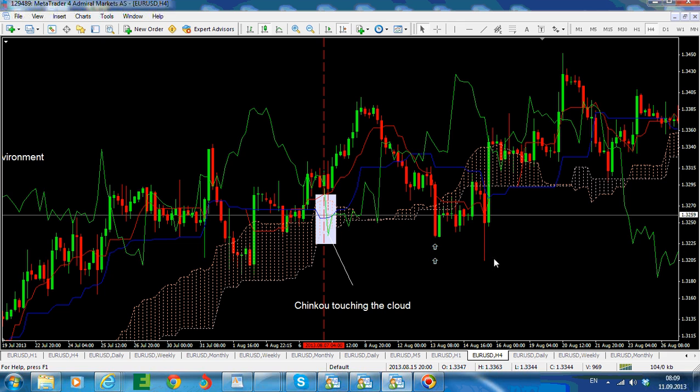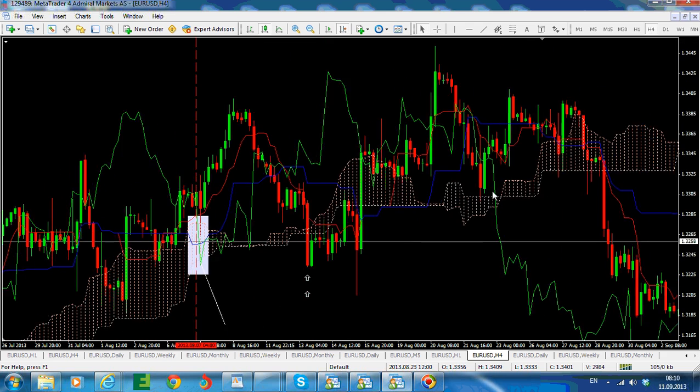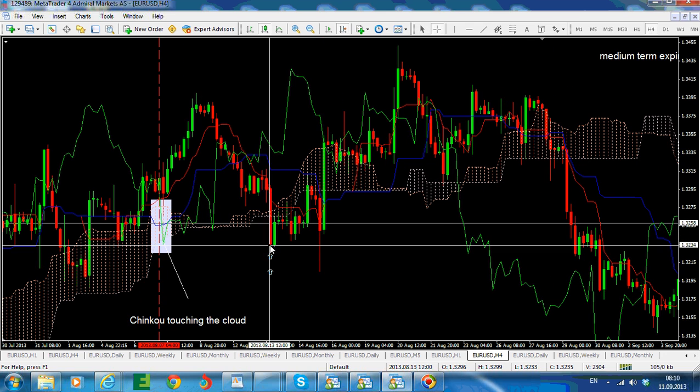As you can see, regardless how you choose your expiration date, you had plenty of time here, because from this moment to this high here, and even going to this contracting triangle, the price never went to the downside until, let's see, 75 candles.